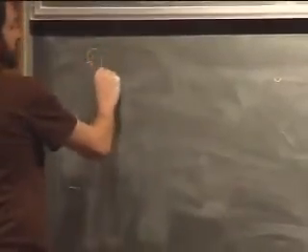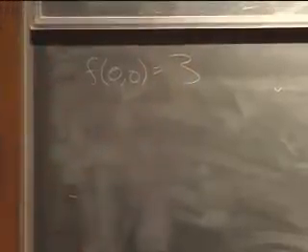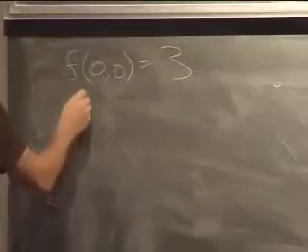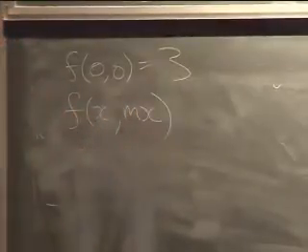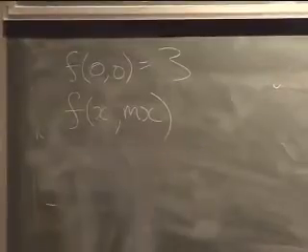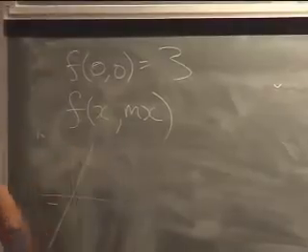So here goes. Suppose f of 0, 0 is, say, 3. So what I would do is plug in f of x comma mx. Okay? And then you say, okay, well, that is the line of slope m going to the origin.